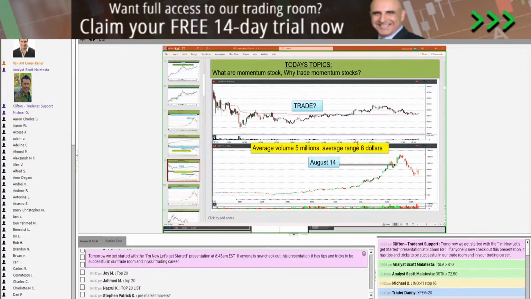And of course, the daily range is pretty much nothing for OSTK. But take a look at the intraday chart, which is the chart that we are trading, and try to figure out how many potential trades we see on this chart.